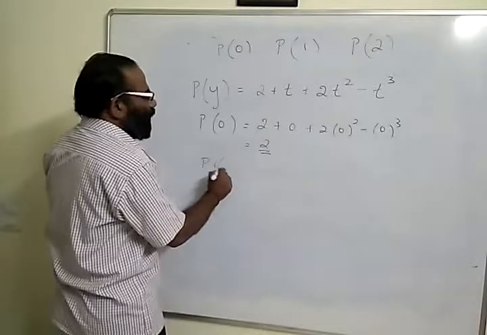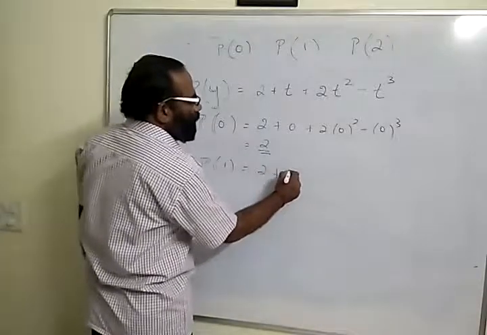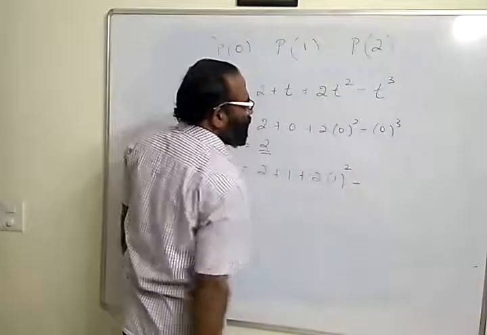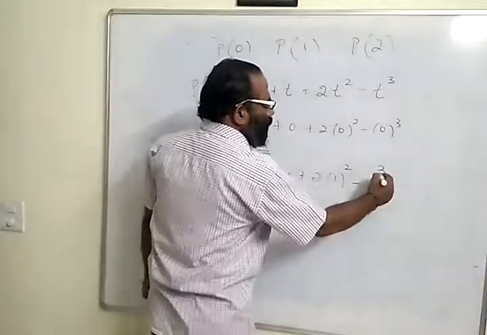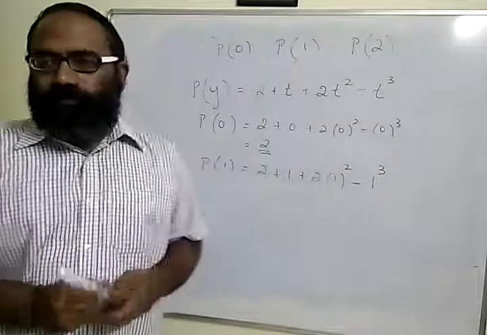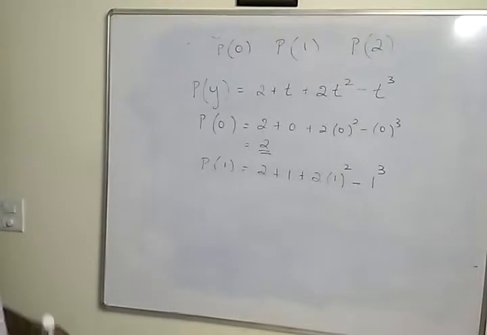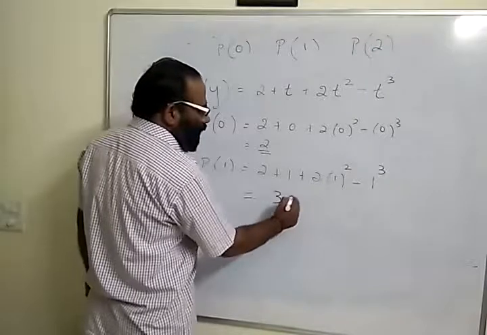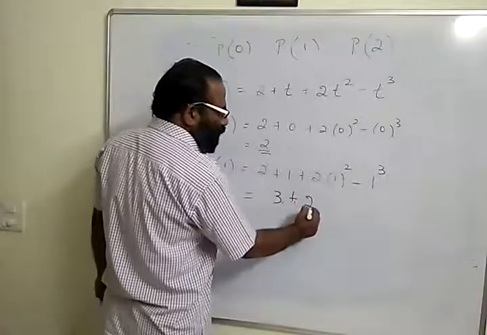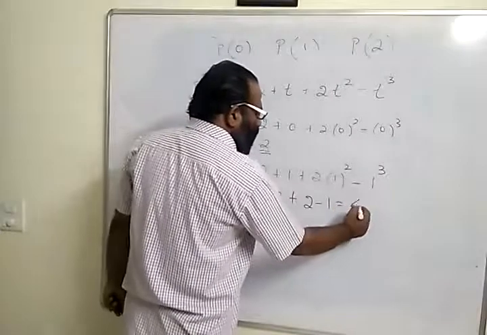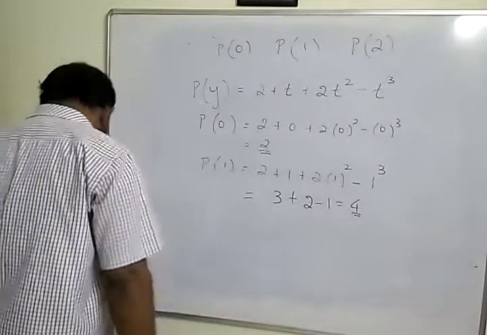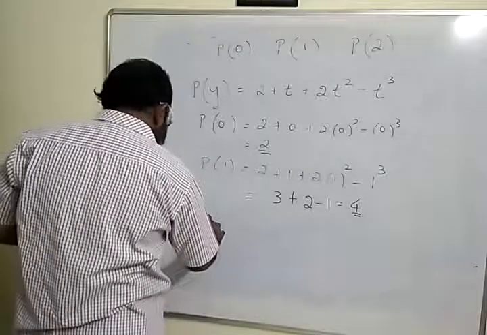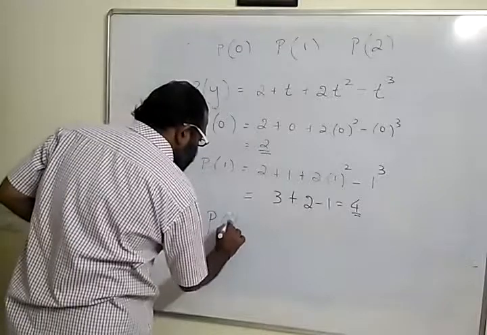So p of 1 next: 2 plus 1 plus 2 into 1 squared minus 1 cube. So this will be equal to 2 plus 1, 3, 3 plus 2, 5, minus 1, it is 4. Now the next one, p of 2.